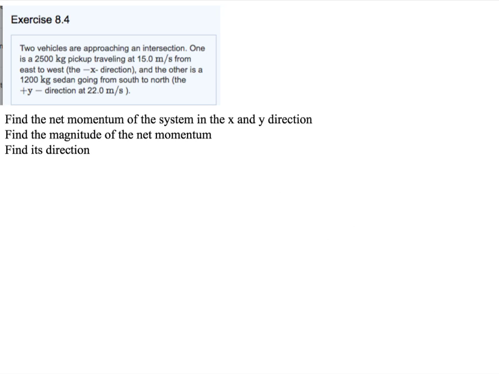So in our first problem, we have 2 vehicles approaching an intersection. The first one, I'm going to call it mass 1, is coming from the east to the west, so it's going to the left with a speed of 15 meters per second, and mass 1 is 2,500 kilograms.